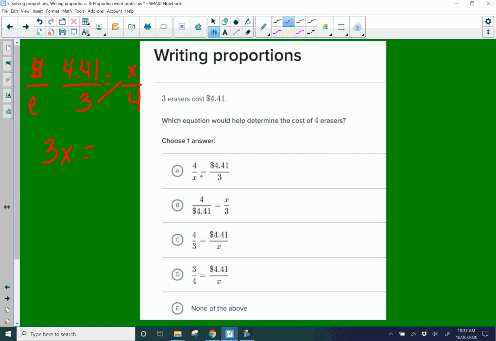So starting with my variable in A, that's not going to give me 3x. Looking at B, that's also not going to give me 3x. That's going to be 4x, which doesn't work. We want 3x. Oh, look at answer choice D. Notice it's got 3 times x, which gives us that 3x that we're looking for. So D would be the correct answer choice for this one.